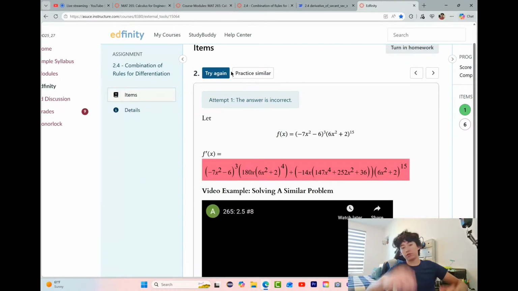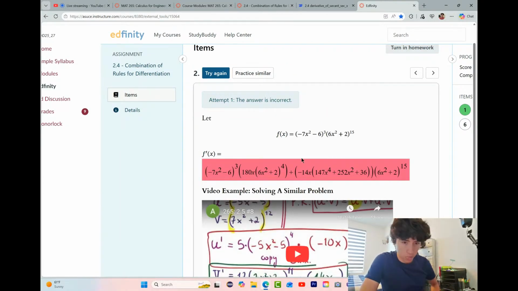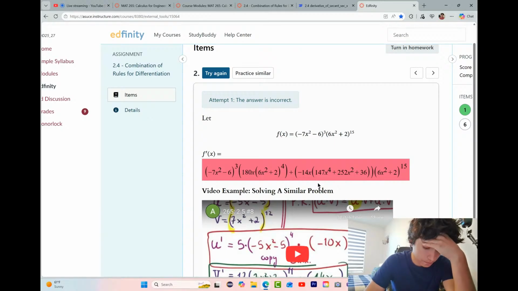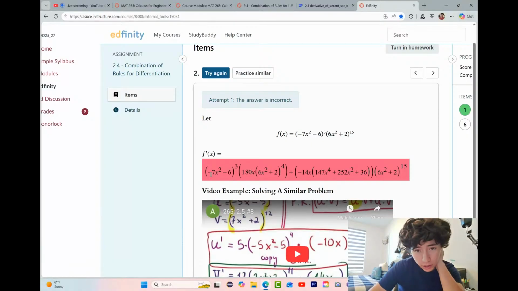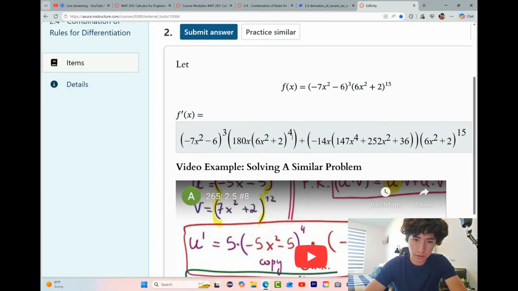Assuming that I got all of this right, we have f prime of x equals the first function to the power of 3. Phew, I thought I did not put that. And then we have the derivative of the second function, and that's going to be this huge number. How did I get that, actually? Oh, yeah, I squared everything. It's fine, I won't square things right now.